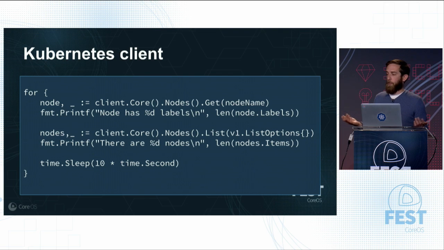In this case, we could just print the number of labels that node has, for some reason. Or maybe we want to look at more information about the cluster as a whole. We have the client, and we can just list all of the nodes that exist in the cluster and then print out the count of them. So even just using a little bit of the client-go library, we get a lot of power directly out of it.